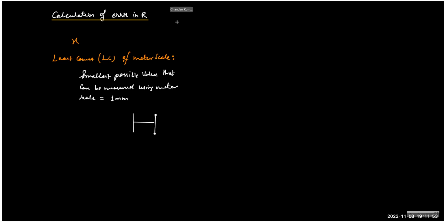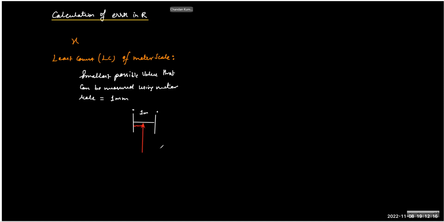So if it is 1 millimeter, one line is here, one line is here. If your reading turns out to be somewhere here, we cannot measure this value, because that is not calibrated.